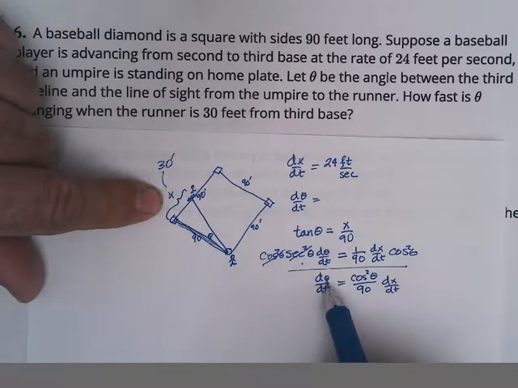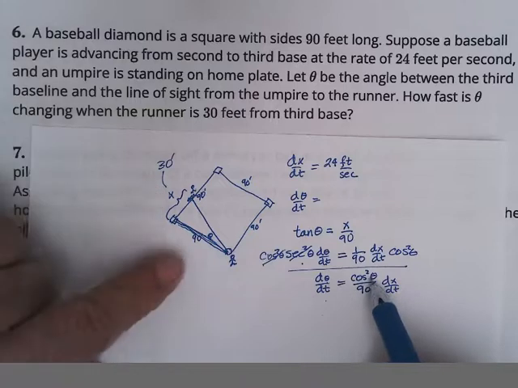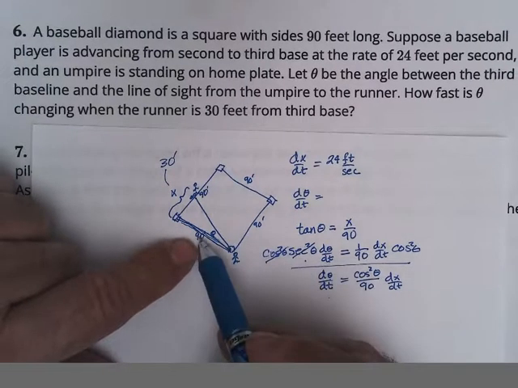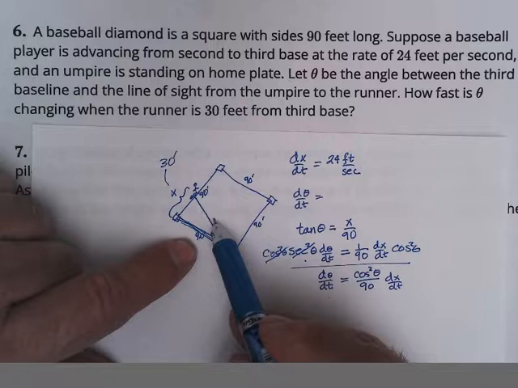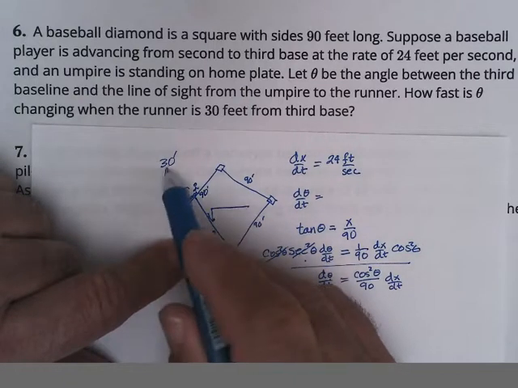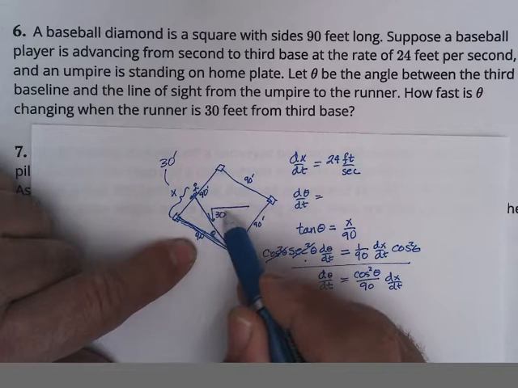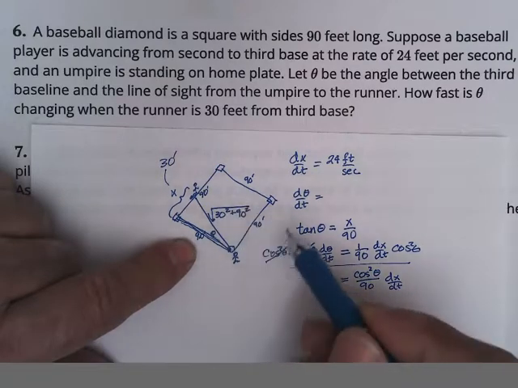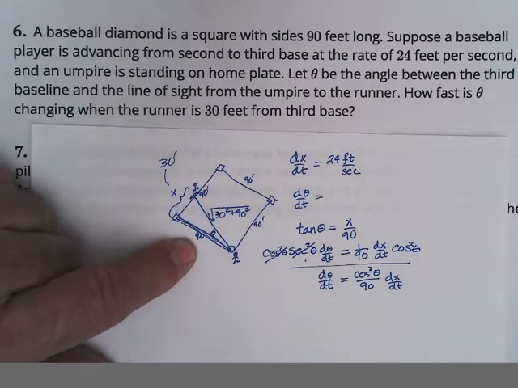So what they want is d theta/dt, and it's going to be the cosine squared of this angle. Cosine is adjacent over the hypotenuse. The hypotenuse would be the square root of 30 squared plus 90 squared.